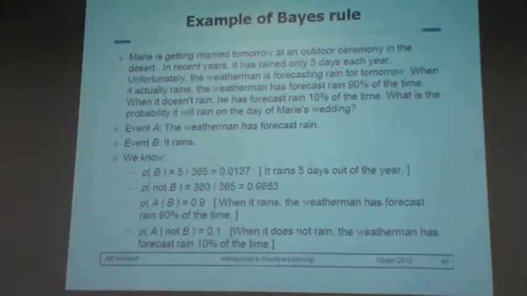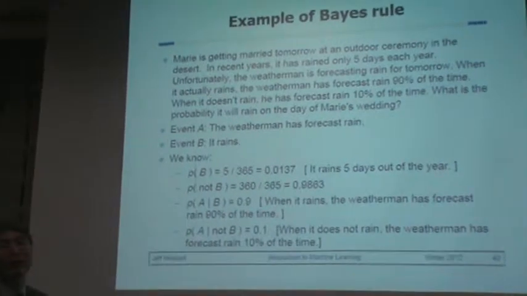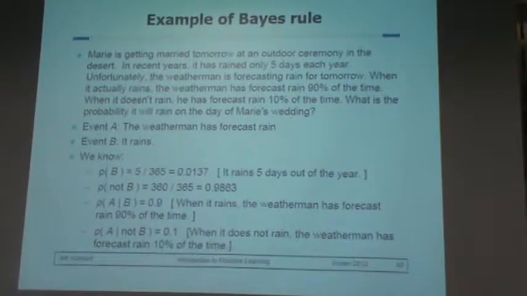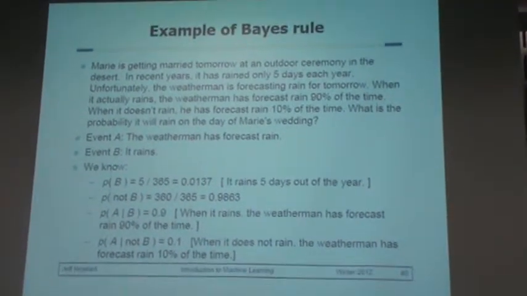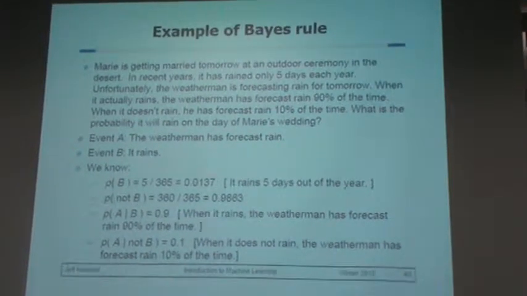So this is the example. Let's see. Mary is getting married tomorrow at an outdoor ceremony in the desert. In recent years, it has rained only 5 days each year. So you can see the chance of rain is 5 over 365. That is the given information. And the weatherman is forecasting rain for tomorrow.